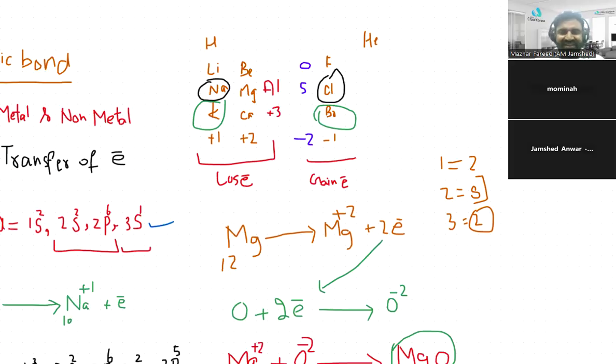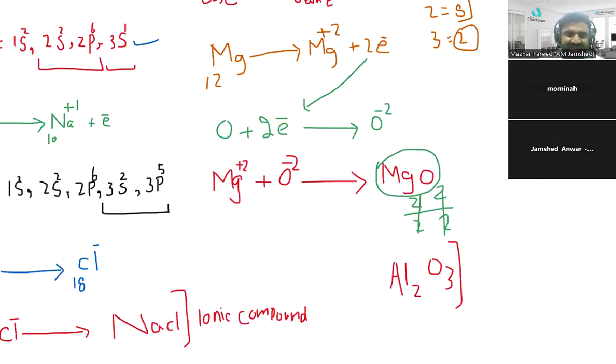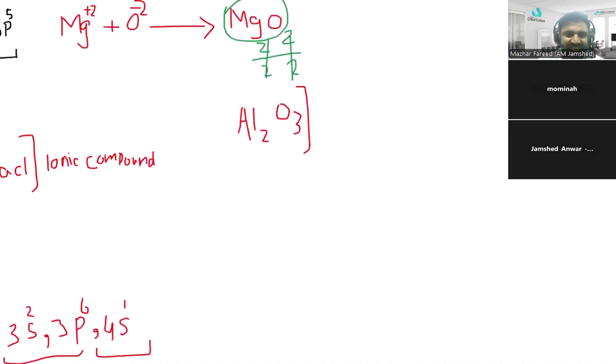Its valency indicates it has the ability to lose 3 electrons to become stable. So we have to check the ionic bond in aluminum oxide. So this is the aluminum. You know that its atomic number is 13.